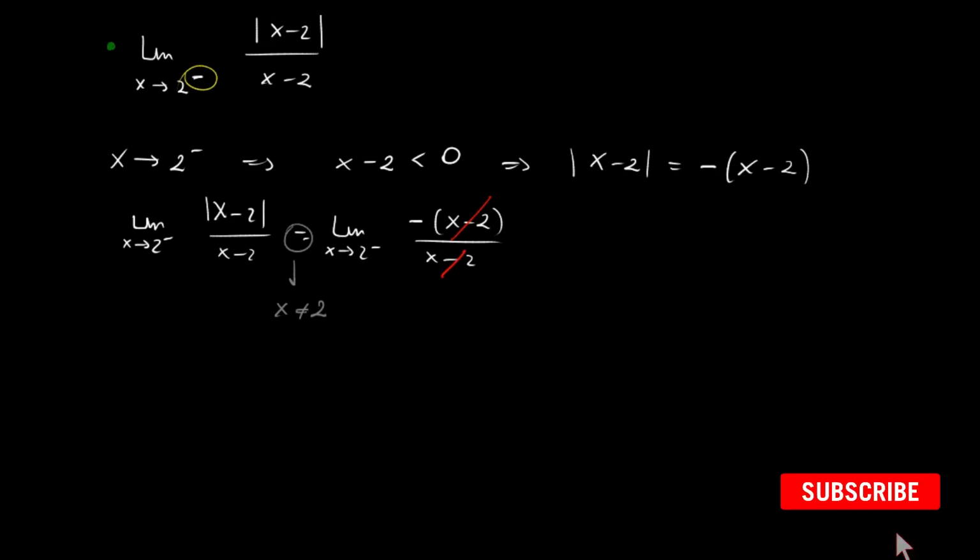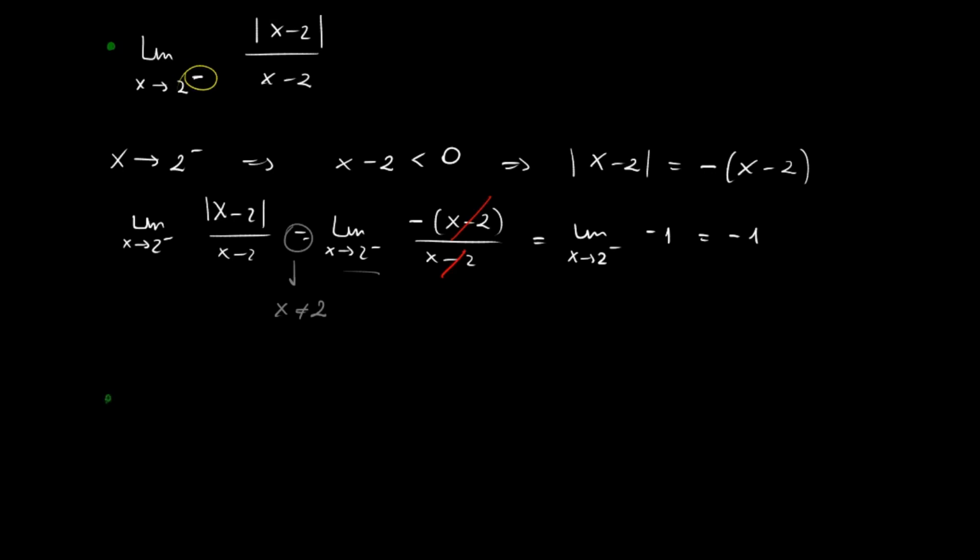We're not taking the value x equal to 2. In that case, this would be undefined. We're just getting close to 2, but not exactly getting to it. So then with this, we are calculating the limit when x tends to 2 from the left of minus 1. And we've seen in previous videos that the limit of a constant is the constant itself.